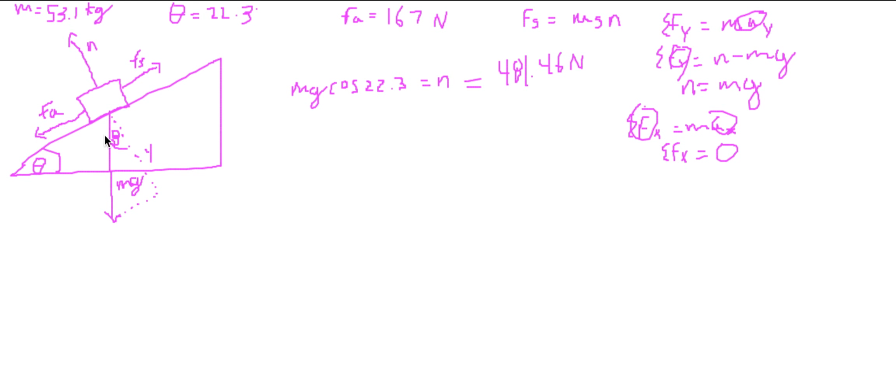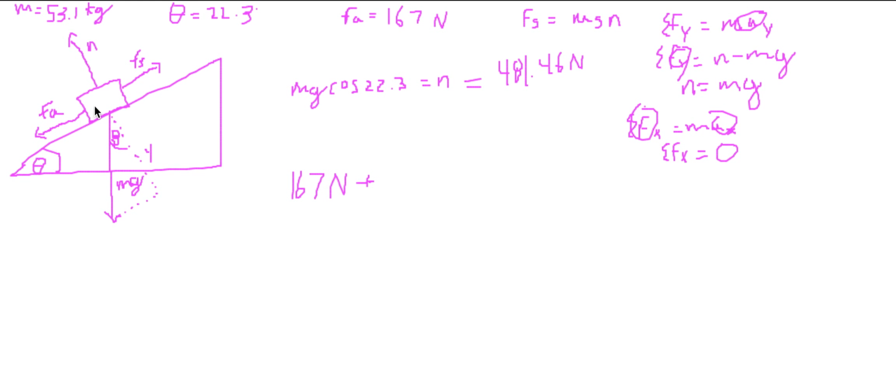Now we can find the sum of forces in the x direction. We have the force applied, which is 167 newtons, and we add to that our mg x component, because that is parallel to the slope.